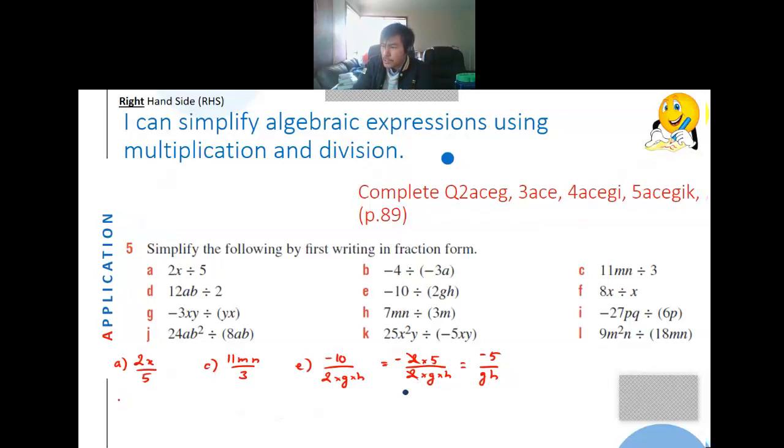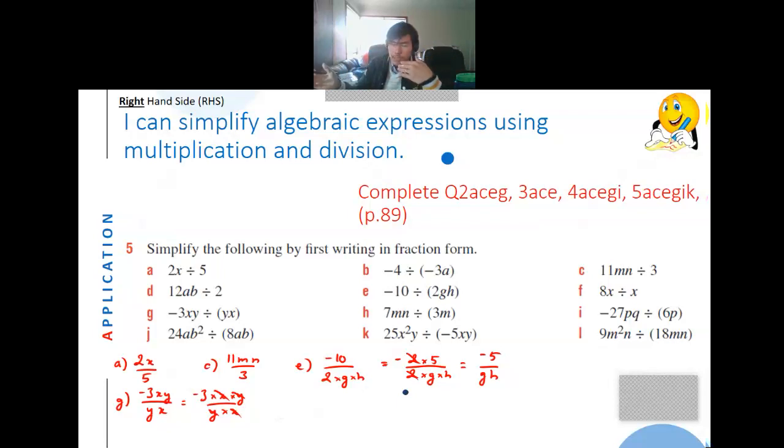Next one is G. So we have negative 3xy divided by yx. Now that's interesting. So this is negative 3 times x times y over y times x. Now I see that I've got an x at the top and an x at the bottom, so cross them out. Y at the top, y at the bottom, cross them out.